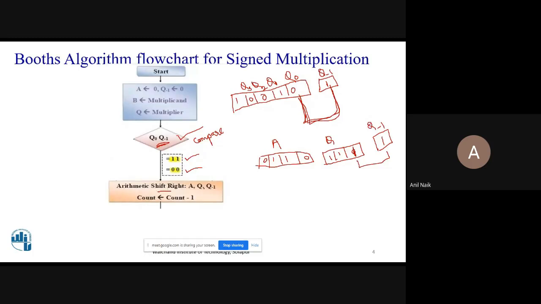Shift right. Right shift means you have to shift by 1 bit position to the right. So here this will be as it is; if it is 0 it stays 0, this will shift by 1 bit position, and this 0 will go here, this 1 will come here. I hope you understood. You have to perform the right shift of the content of A, Q, and Q minus 1.